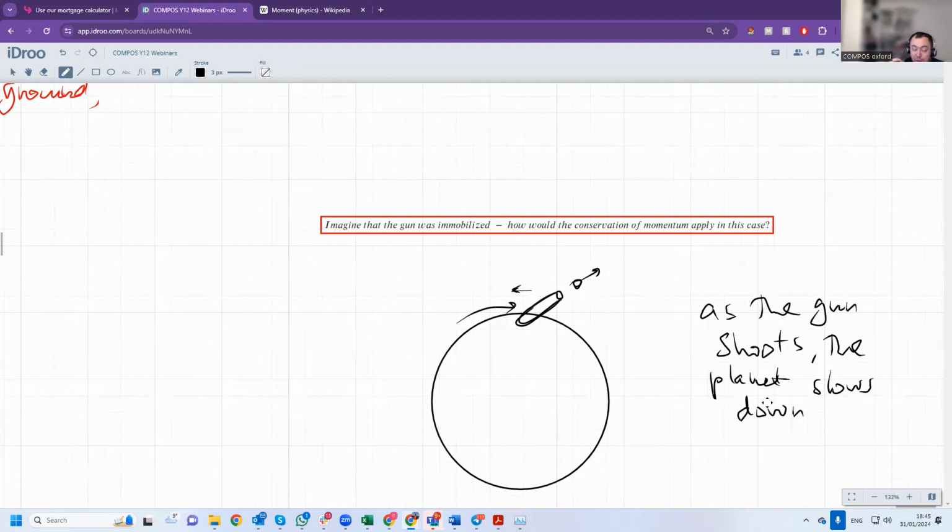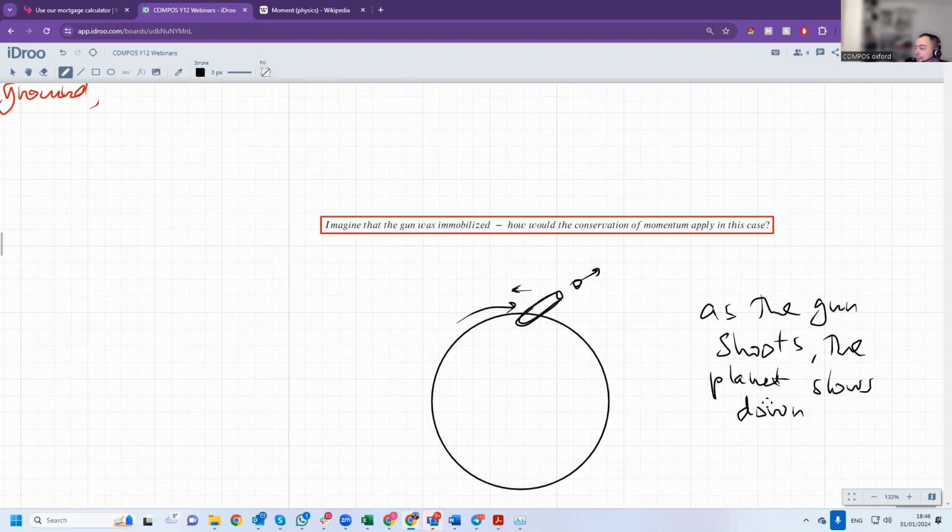It could speed up if you shoot the other way. It could make the planet speed up. But you cannot cause a change in the rotation of the Earth using internal forces. If the gun and the bullet are a closed system, then it's an internal force, and eventually the planet has to speed up again.